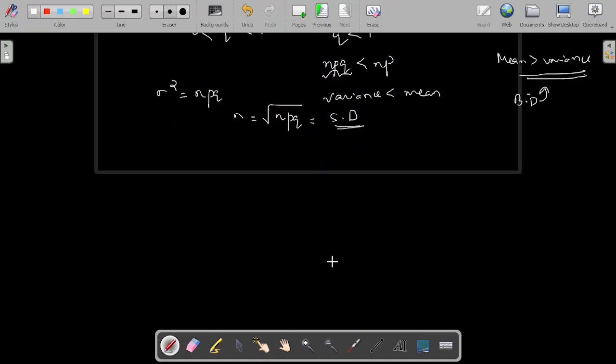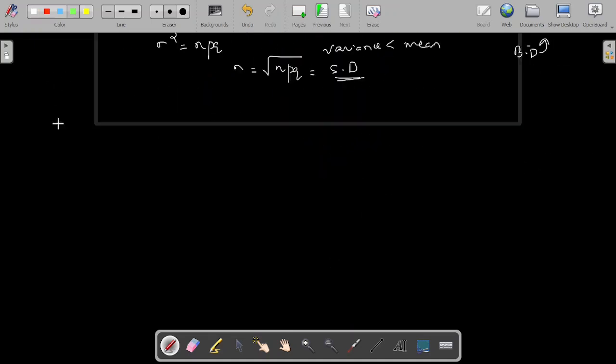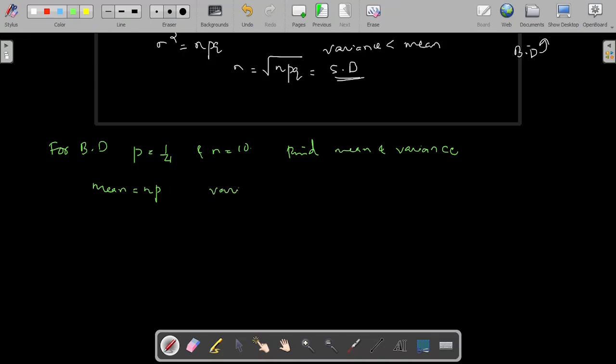Now let us see one problem. For a binomial distribution with p equal to 1 by 4 and n equal to 10, find mean and variance. You know that for a binomial distribution, mean is given by n into p and the variance equals npq.